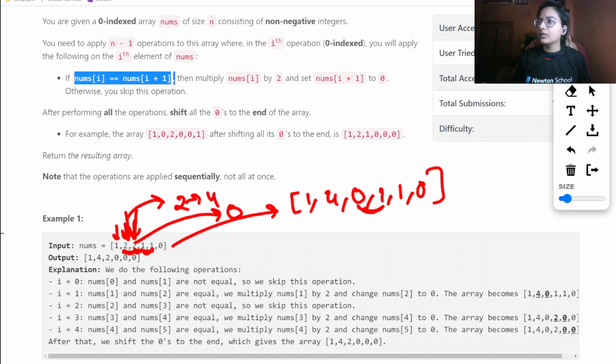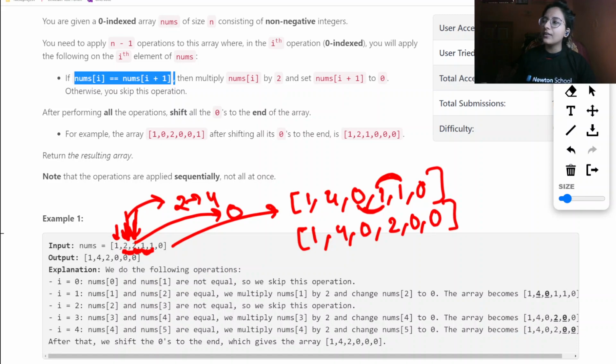It would be skipped as well, and then comes this part. Again this operation would be performed, and it will become 1, 4, 0, 2, 0 and then 0, which is our final answer.